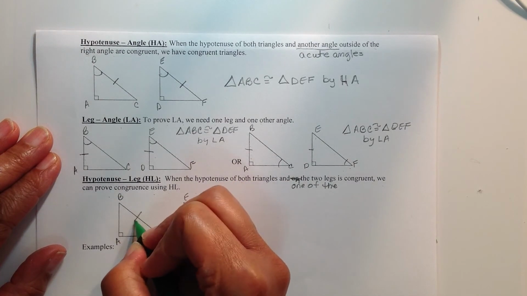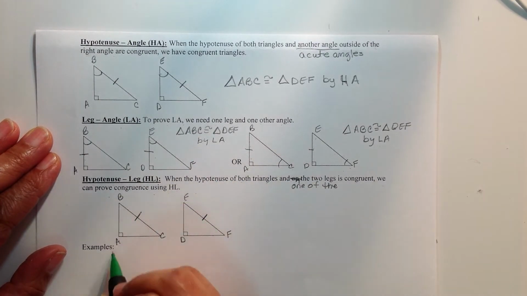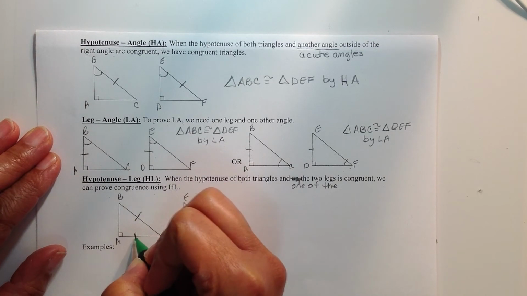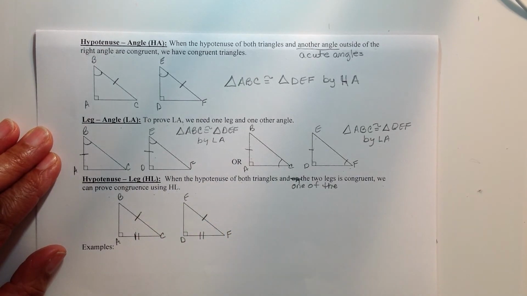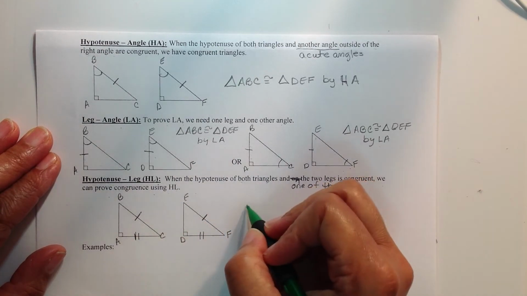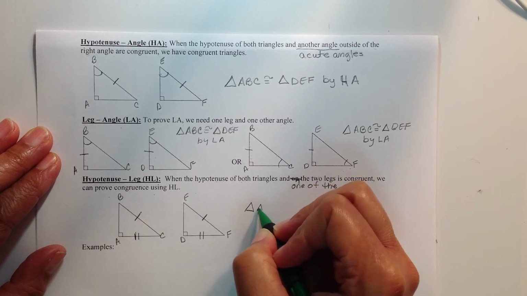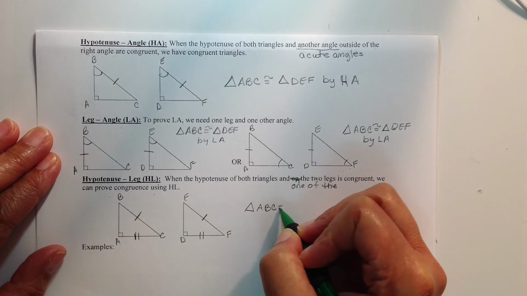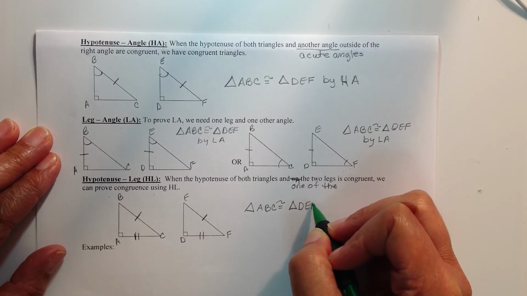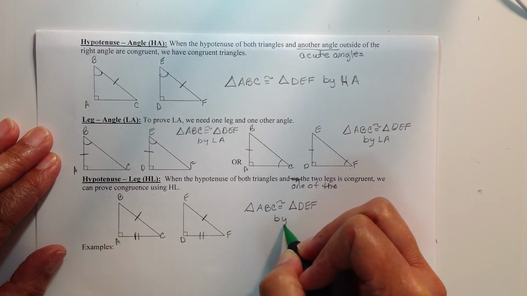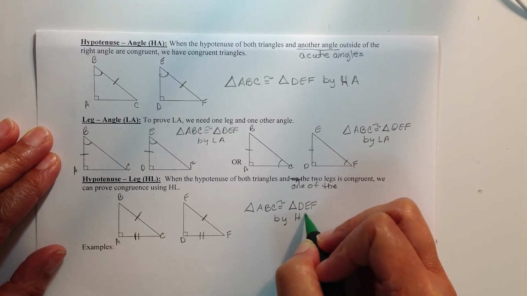So in this case, our hypotenuses of both triangles are congruent, and let's just say that leg AC is congruent to leg DF. Well, we can say that triangle ABC is congruent to triangle DEF, why? By hypotenuse-leg.